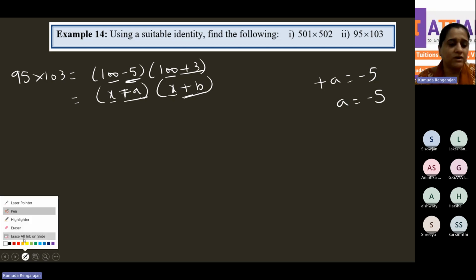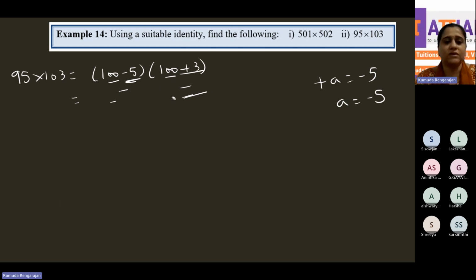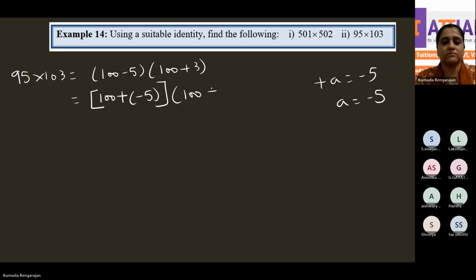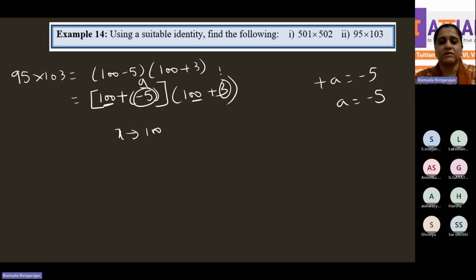If you're not comfortable, then you should give the step. If you feel you're not able to get that clearly, then you go with one more step. You write it as 100 plus minus 5 in the bracket. So where x is 100, plus a, this is a, x plus b, b is 3.